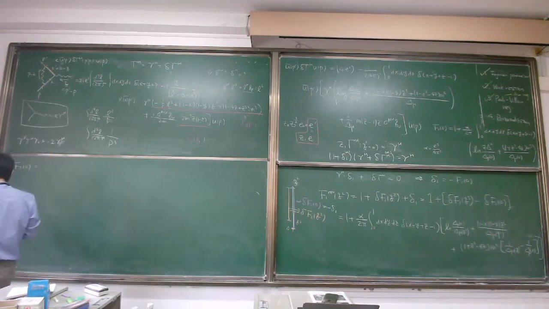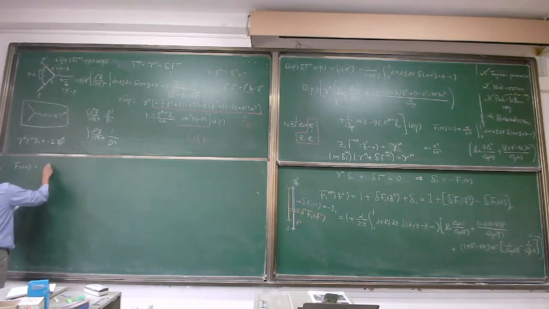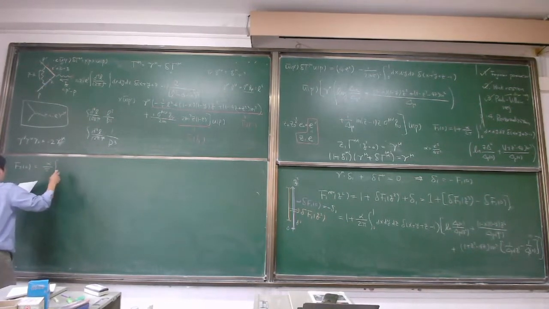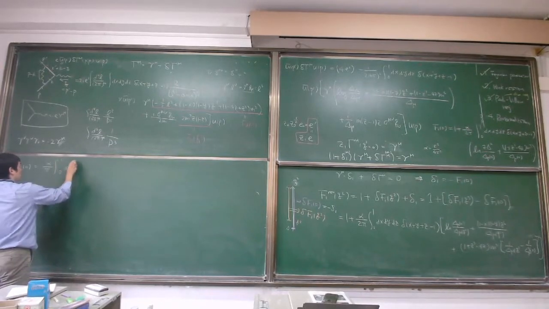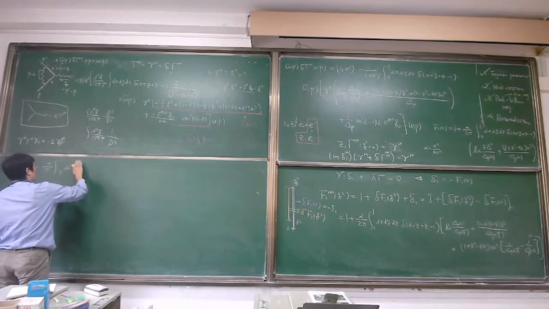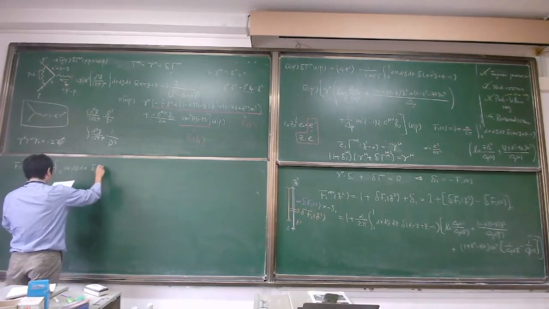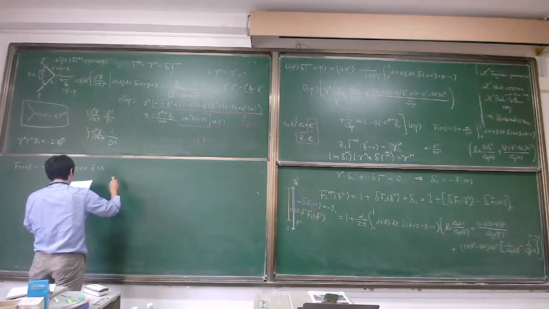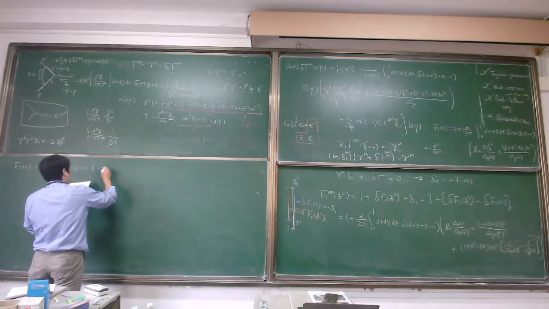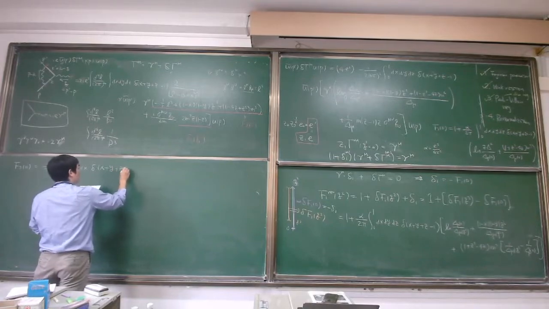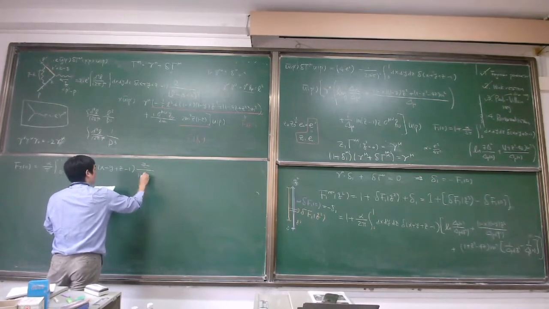When q squared equals 0, this F2(0) is indeed alpha over pi, integral from 0 to 1 dz dy dx, y plus z minus 1, z over 1 minus z.